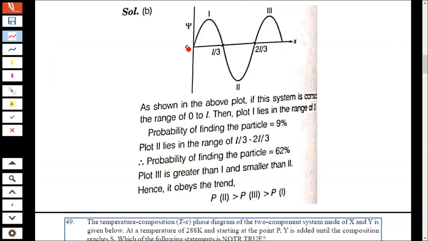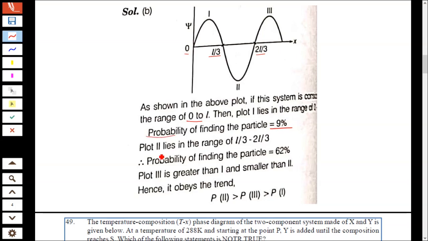You see, this is 0, L by 3, 2L by 3, where in the first one it is 0 to L. Plot 1 lies in the range, so the probability of finding the particle is 9%.